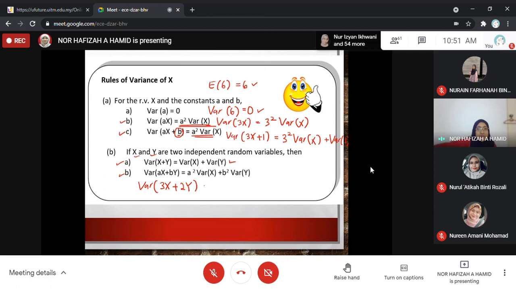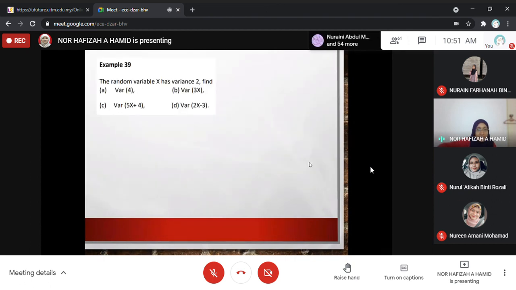Okay, so you boleh simplify dia into 3 square variance X plus 2 square variance Y. Okay. So ini for rules for variance lah. So you jangan confuse dengan rules for EX ataupun rules for expected value.